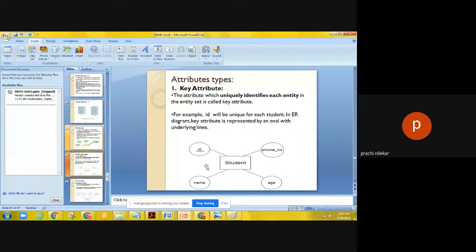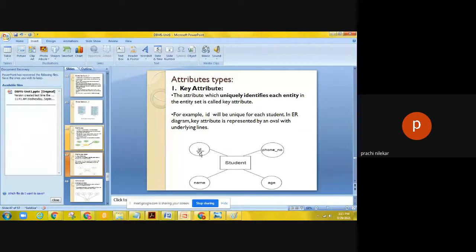But if you look clearly, within one college or university, a number of names are similar, as well as sometimes name, surname. These are similar. That means they are not uniquely identifying the particular student. For that purpose, we require another attribute which uniquely identifies the entity.